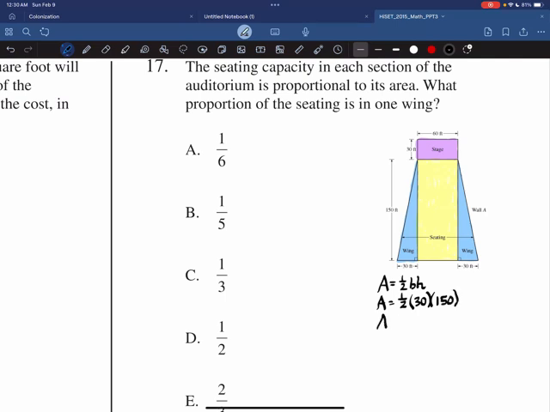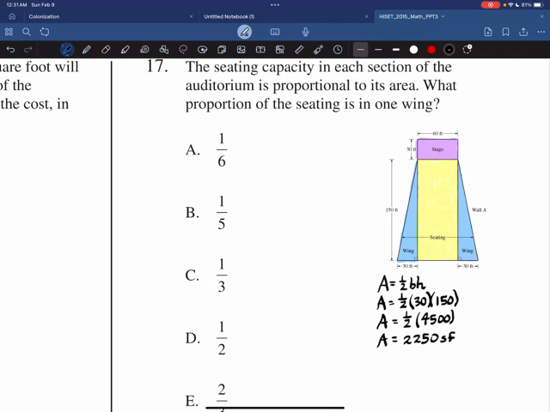So let's say 1/2 of 45 with 2 zeros. And I am going to use my calculator. I believe it's 2250, but let's be sure. I do not trust my mental math. 1/2 times 4,500, yes, is 2250 square feet.